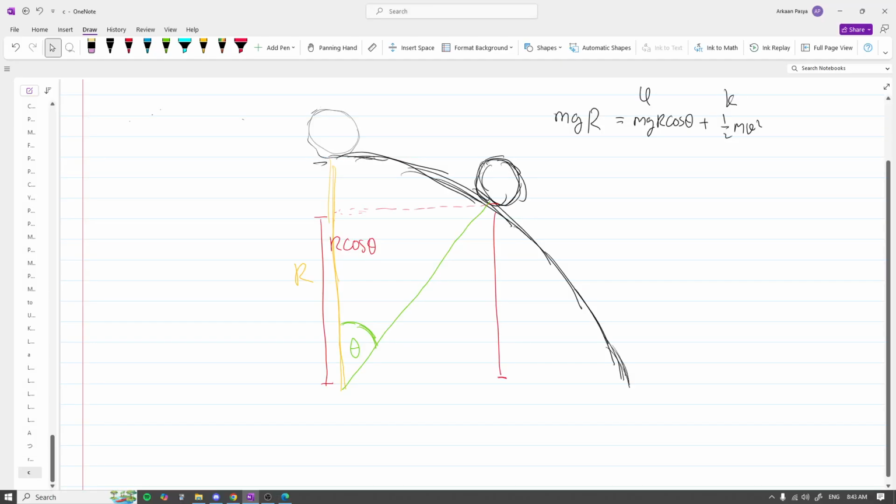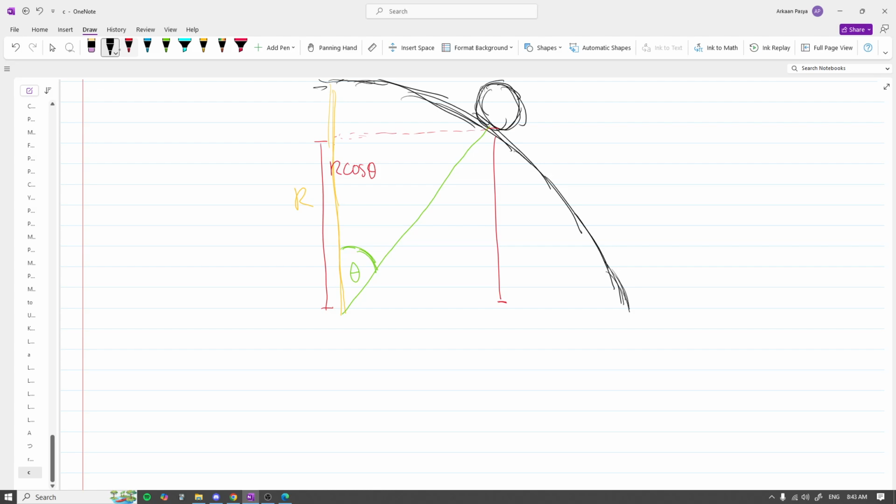So F radial is just, so let's say there will be a circle. So there is a centripetal force. So the radial is that F. Let there be F1, F2, F3, and F4.